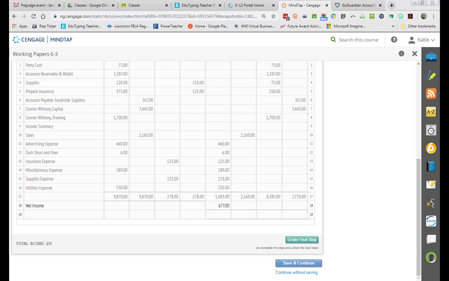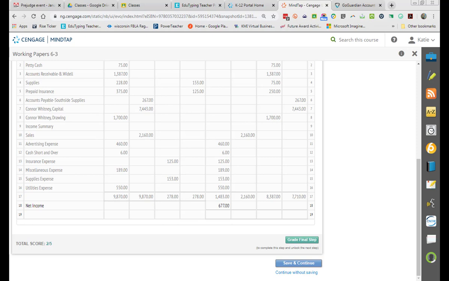We all agree we go into business to make money. The owner gets that $677. Owner's equity has what for a normal balance? It's right here, above my head. Debit or credit? Capital. Connor Whitney Capital.